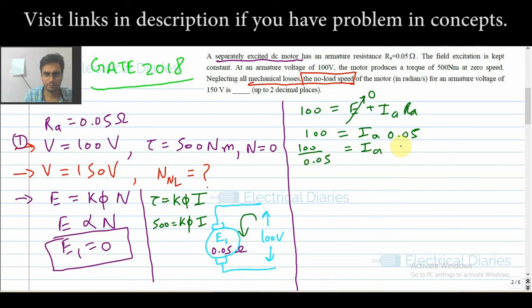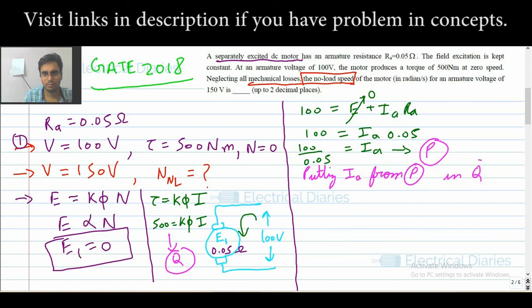It comes out to be some value, it doesn't matter much now. Let me call this equation P and this other equation Q. Now putting IA from P in Q, K phi will come out to be 500 divided by this, so my K phi comes out to be 1 by 4.